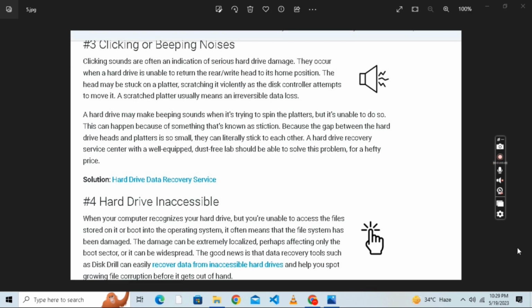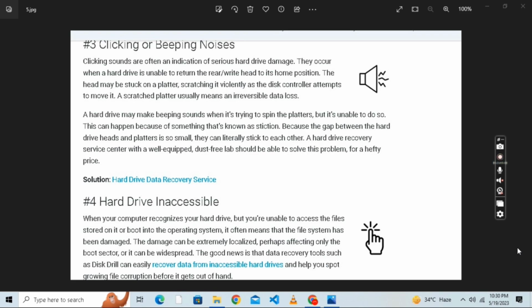A hard drive may make beeping sounds when it's trying to spin the platter but is unable to do so. This can happen because of something that's known as stiction. Because the gap between the hard drive heads and platters is so small, they can literally stick to each other.